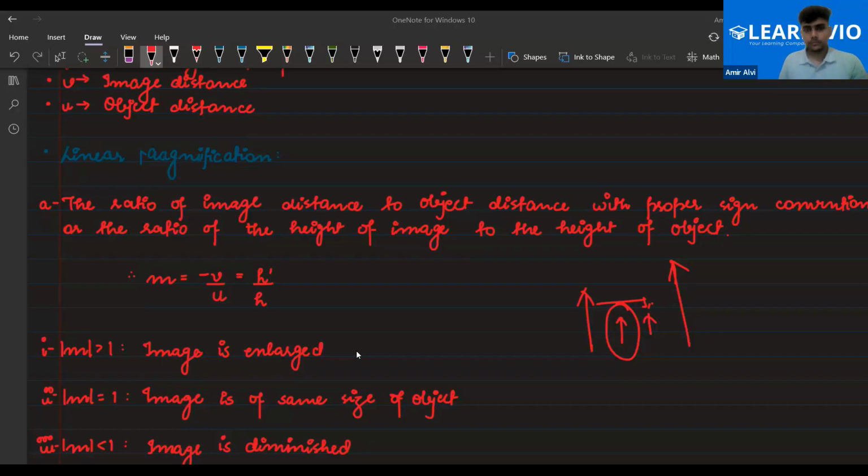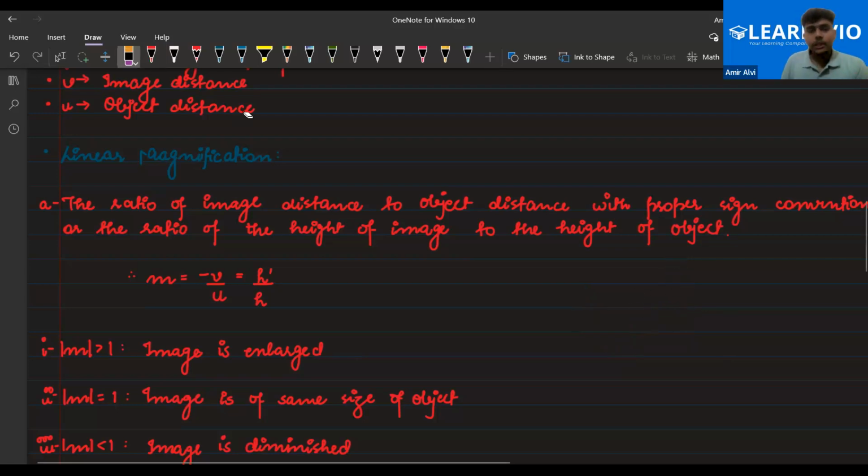Just a second. Check it. So how do we write linear magnification? Linear magnification is the ratio of the image distance to the object distance, with proper sign convention. Another definition you can use is the ratio of the height of the image to the height of the object. That will be called the linear magnification.